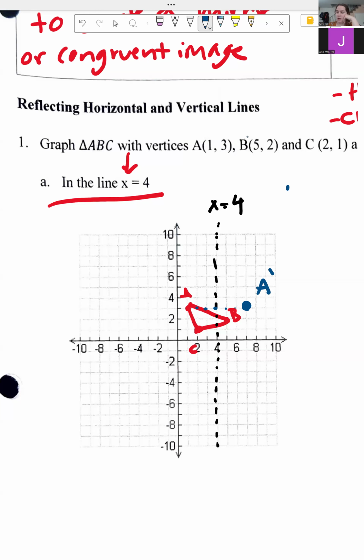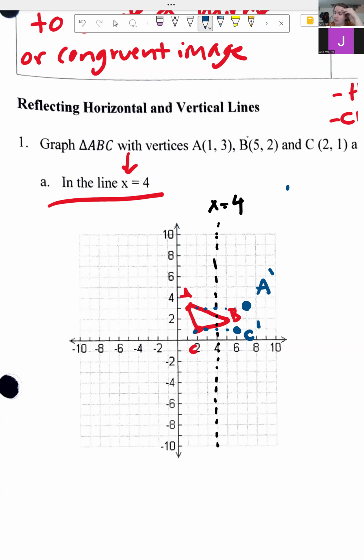Okay. So you can see that this is 3 boxes away, this is 3 boxes away. We stayed perpendicular like we're supposed to along that same line. We're gonna do the same with C. So this is right here, it's 1, 2 boxes away. So we're gonna go 1, 2 boxes away, label it as C prime. Notice how B was already on the other side of the line than we just drew on, so that has to reflect the other side of the line.